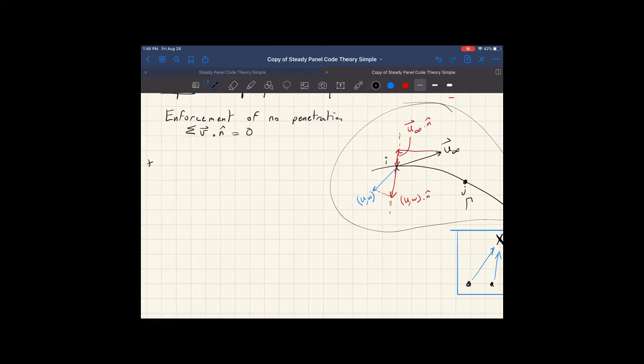So this is actually pretty easy for the setup of one vortex and one collocation point.